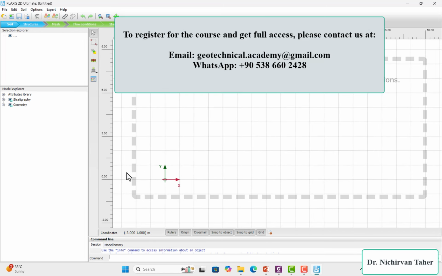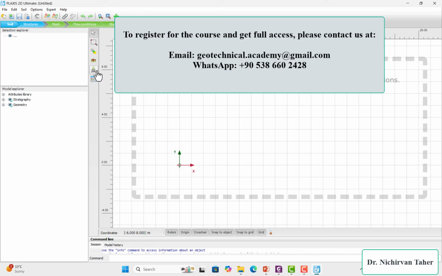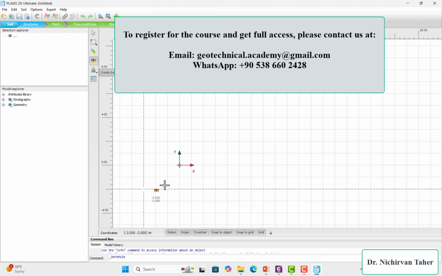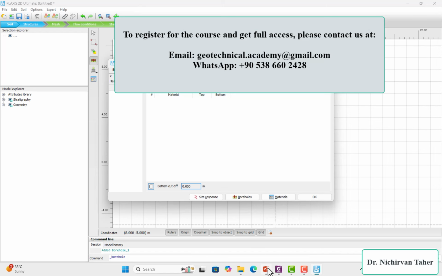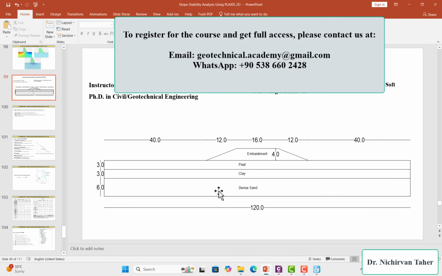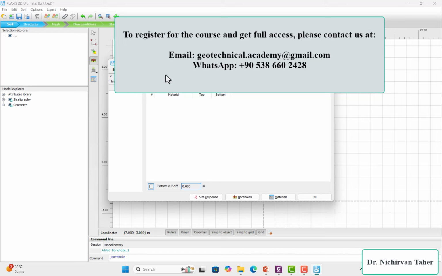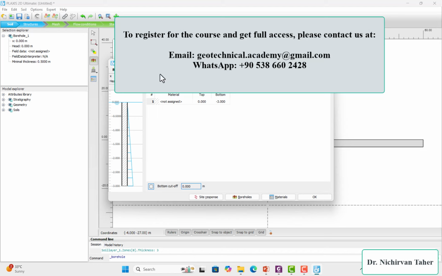Then we will start creating one borehole. We click here and click on the origin point, and as you can see we have 3 layers, and we add one borehole. We assume the natural ground level elevation is 0, and we will type minus 3 for the peat layer.